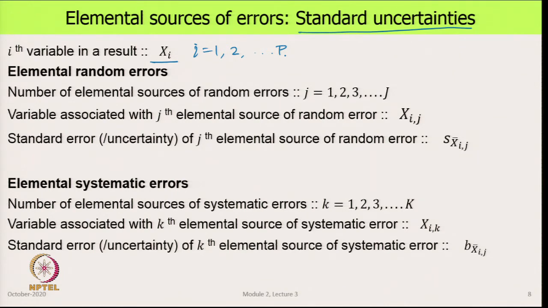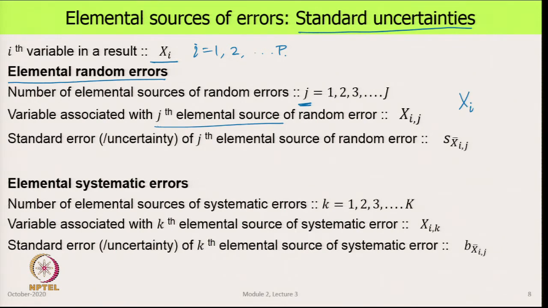Elemental random errors, the first thing let us look at, which means those error sources which are random in nature. And we say the number of elemental sources of random errors we will denote by the symbol small j, which takes values of 1, 2, 3 going up to capital J. And then the variable associated with the jth elemental source of error we will call xij.